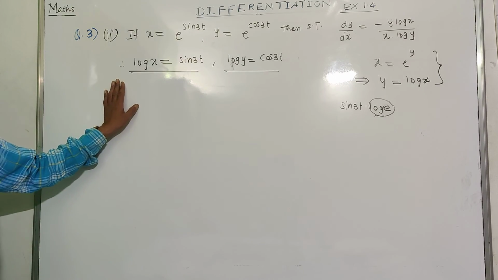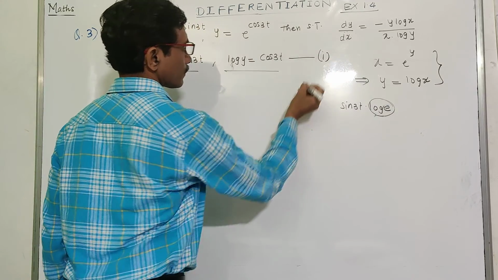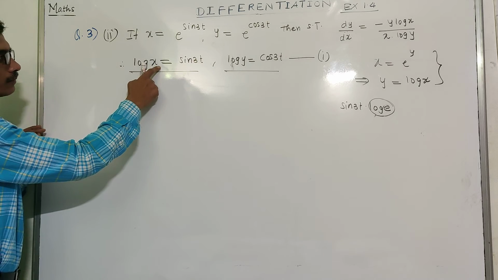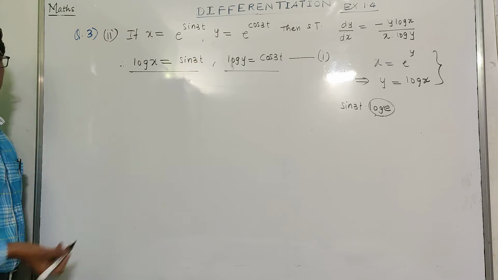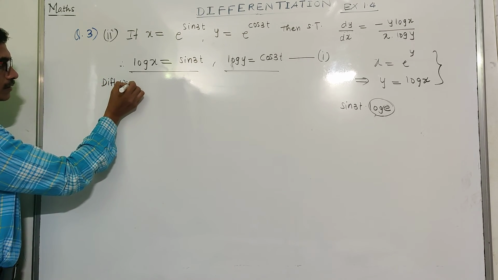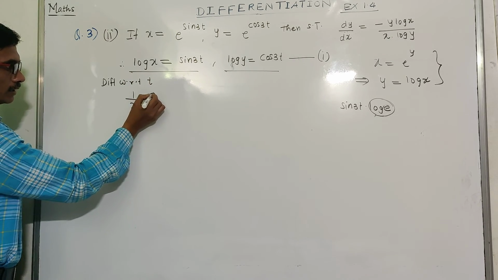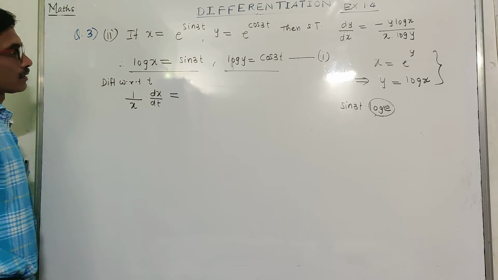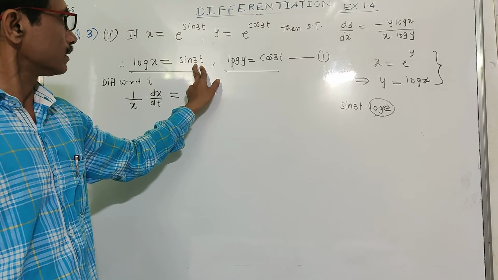Once we are getting log of x and log of y, now we differentiate with respect to t. Let us denote it by 1. Differentiating log x with respect to t, we use the chain rule: the derivative will be 1 by x into dx by dt. Right hand side, the derivative of sin is cos, but it is 3t, so again the derivative of 3t, which is 3.